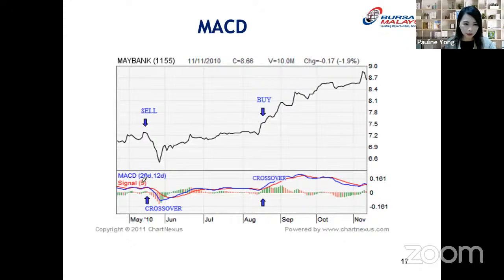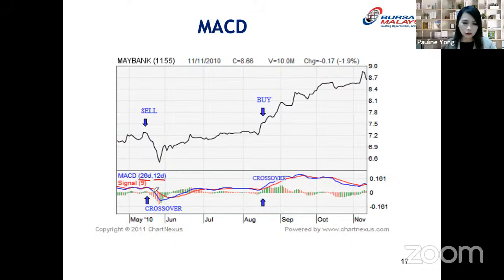Okay, so next we look at this MACD. MACD is made of the 26-day and the 12-day EMA, exponential moving average lines. This blue line is the MACD line, whereby you use the 12-day EMA minus the 26-day EMA, and then you derive that figure here. So you derive that blue line here, which is the MACD line.